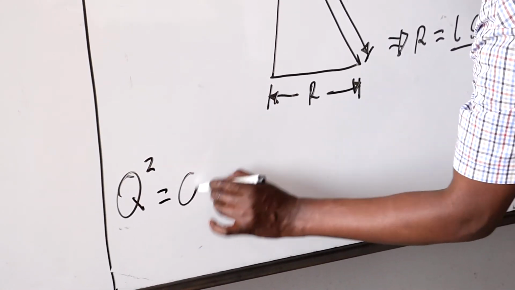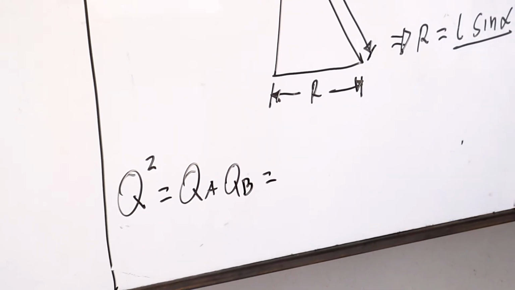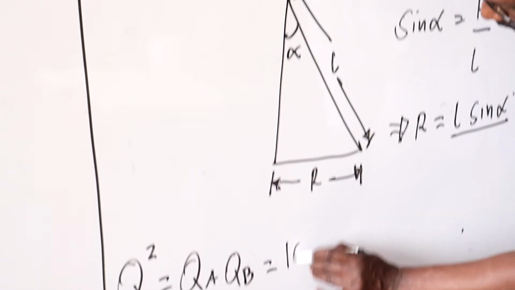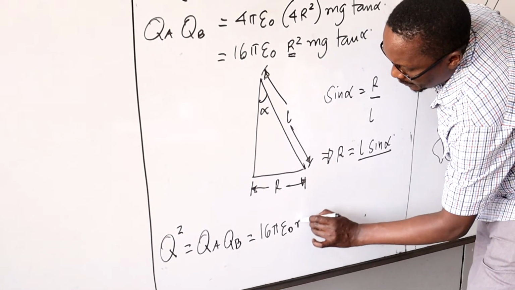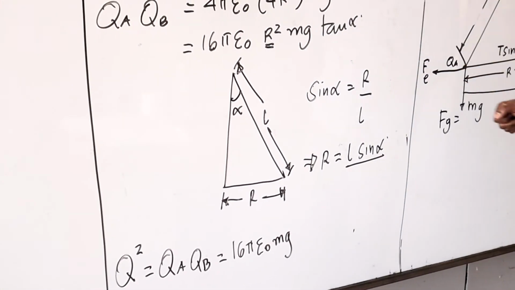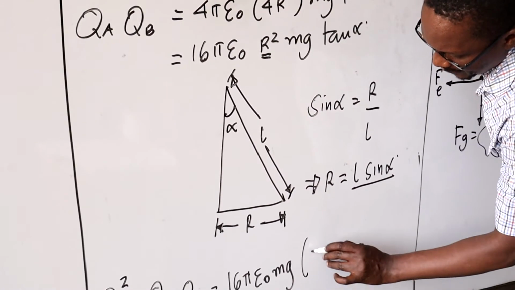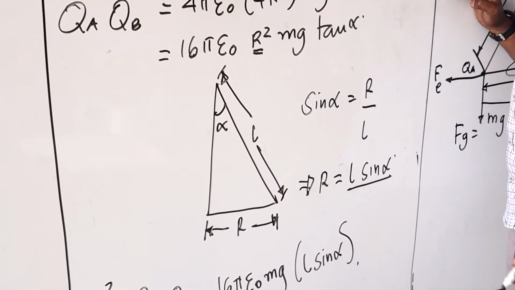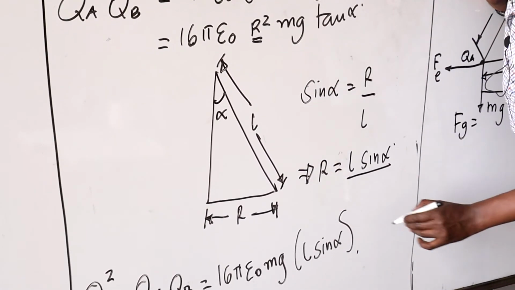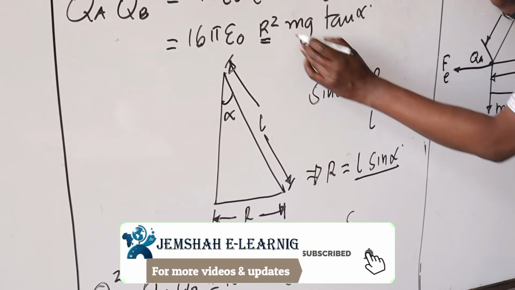That is what we had, the same as QA QB, and that becomes what? 16 pi epsilon naught mg. Instead of R squared, we'll have L sine alpha squared.